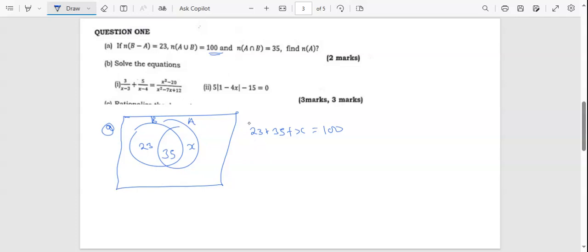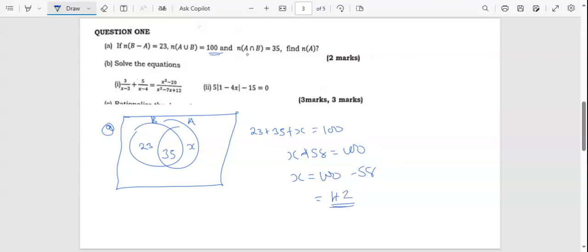That is 58. So x plus 58 is equal to 100. We group the like terms and say 100 minus 58. This will give us 42. So 42 is the number of just A.